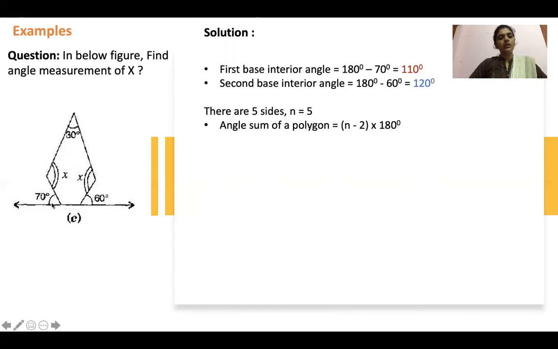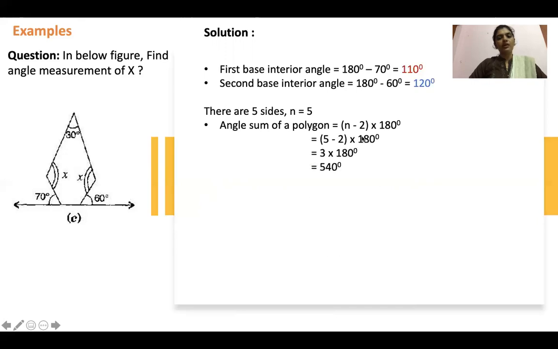As we know, there are five sides in this polygon. According to the angle sum property, for an n-sided polygon, the sum of interior angles is n minus 2 times 180 degrees.